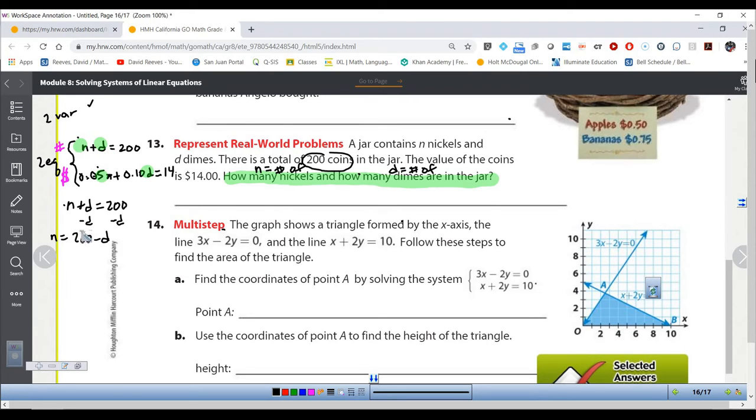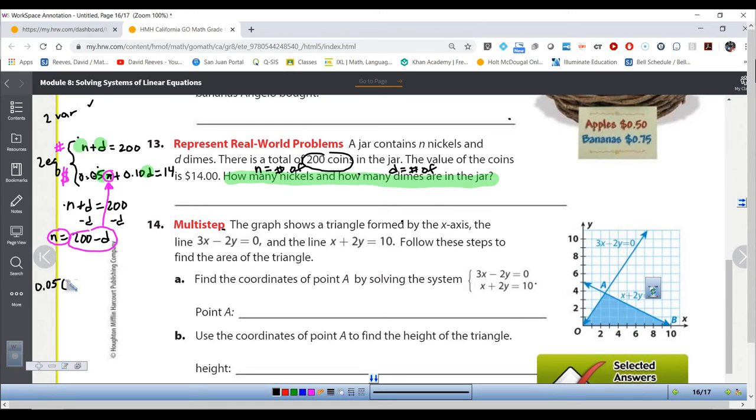So now we're going to go to our second equation here, but we're going to fill in what n is equal to. So n equals 200 minus d, and we're going to put that right there. We're going to replace that n with what n is equal to. See, n equals this, so that's what that n is going to equal. All right, so here we go. 0.05, but we're not going to put n.